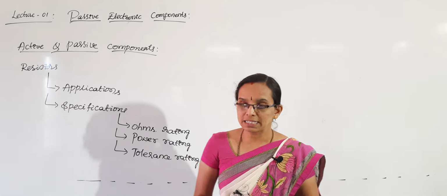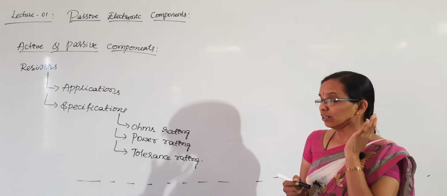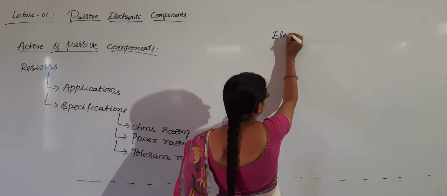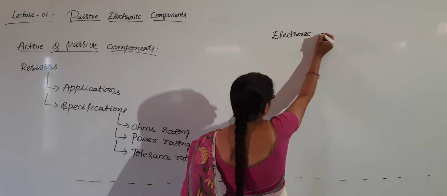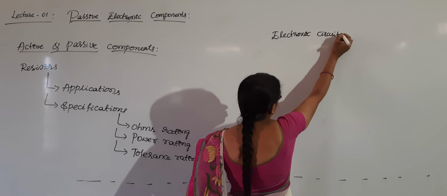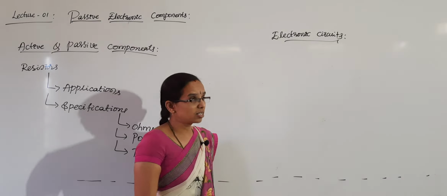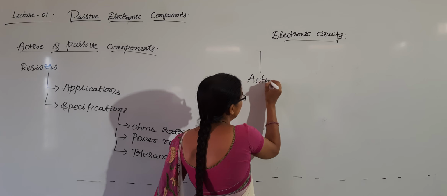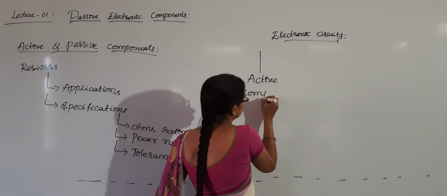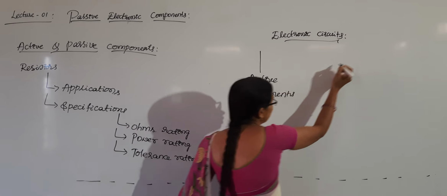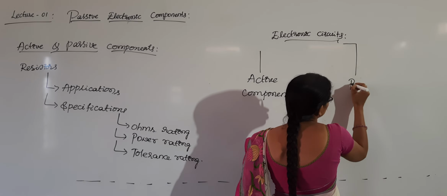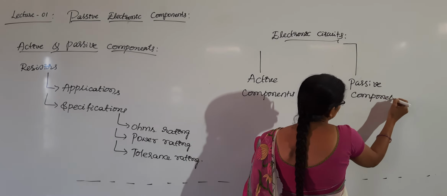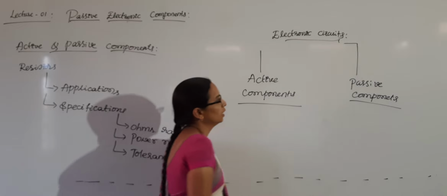What do you mean by passive electronic components? In electronic circuits, there are two types of components: active components and passive components.